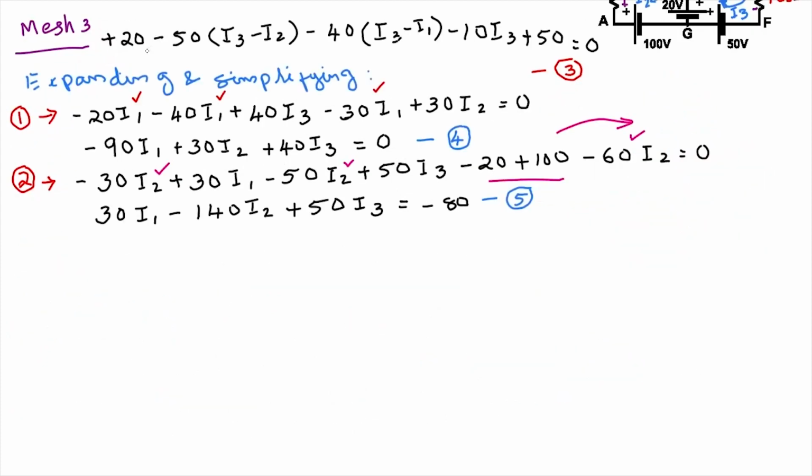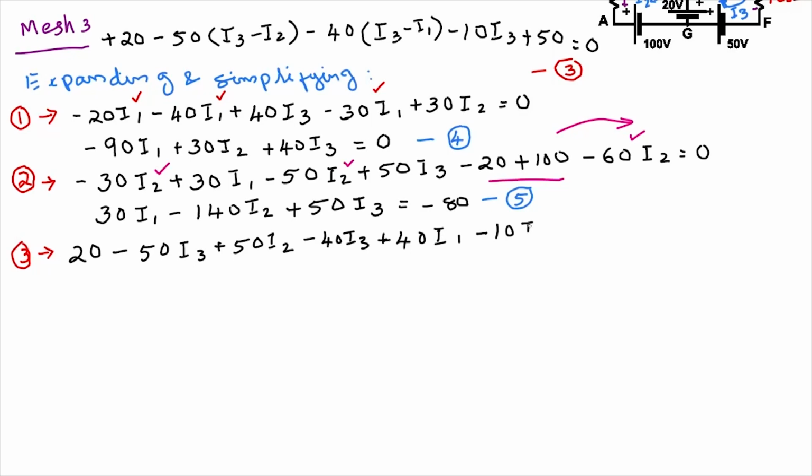Now expanding and simplifying equation 3. It becomes plus 20 minus 50 I3 plus 50 I2 minus 40 I3 plus 40 I1 minus 10 I3 plus 50 is equal to 0. Simplifying, 40 I1, then plus 50 I2, and here minus 50 I3, minus 40 I3 and minus 10 I3.